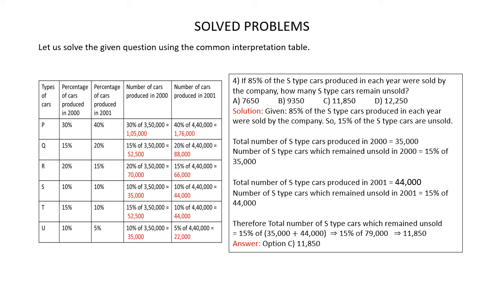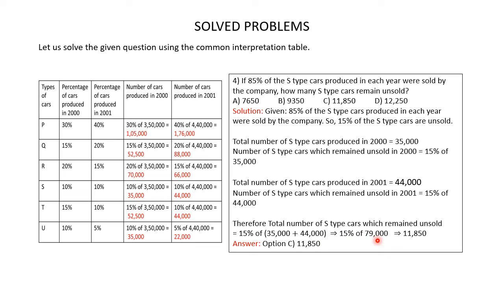So the number of S-type cars which remained unsold in 2001 is 15% of 44,000. Therefore, the total number of S-type cars which remained unsold is equal to 15% of 35,000 plus 44,000. This is nothing but 15% of 79,000.